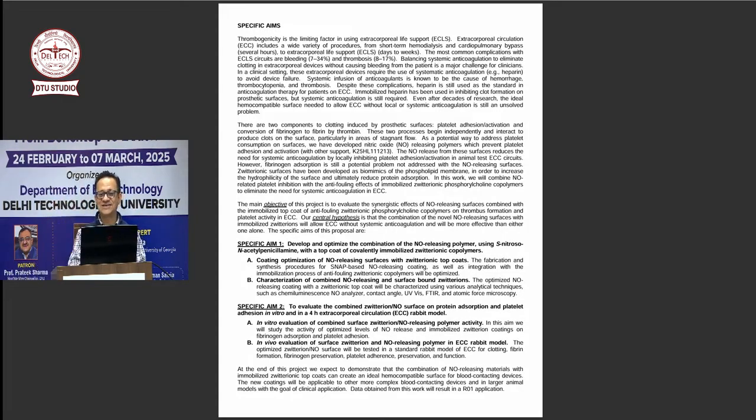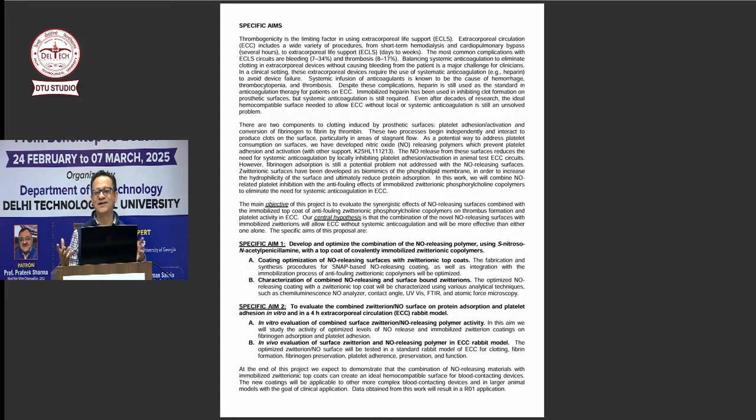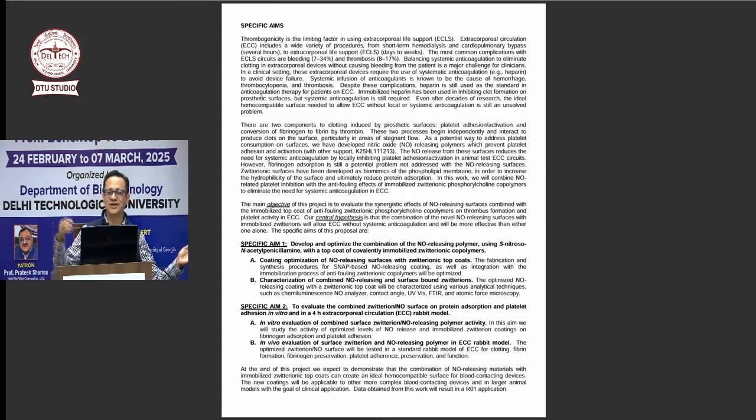Zwitterion will act as an anti-fouling surface, making the surface hydrophilic, so protein and bacteria won't stick to the surface, and even blood. So you have a dual action coating that synergistically will be better than only nitric oxide or only zwitterion, right? So that's the benefit of this.